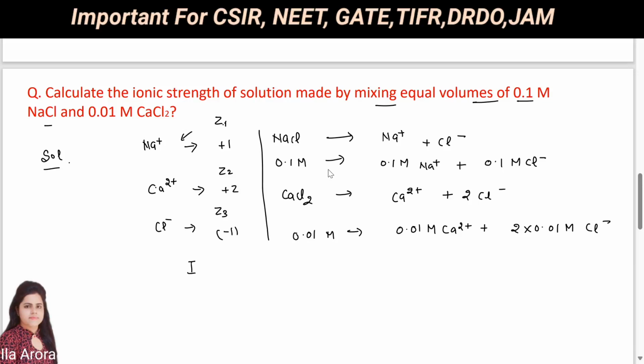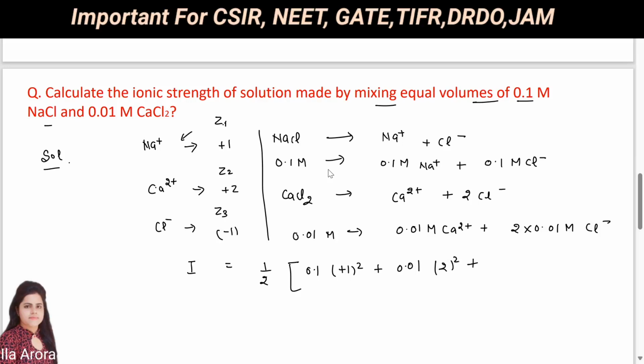Now I am putting in the formula. So half, and then first ion is Na+, its concentration is 0.1 and charge is +1 square. Then second is Ca2+, its concentration is 0.01 m, and its charge is +2 square.